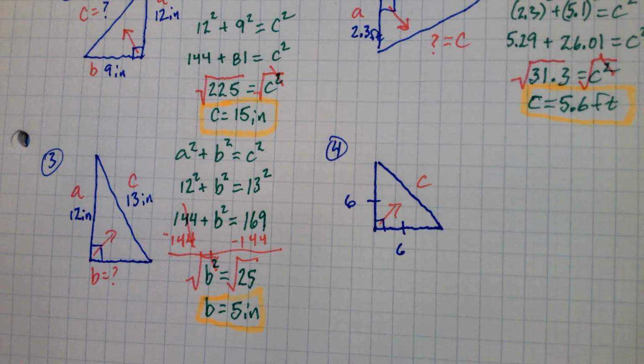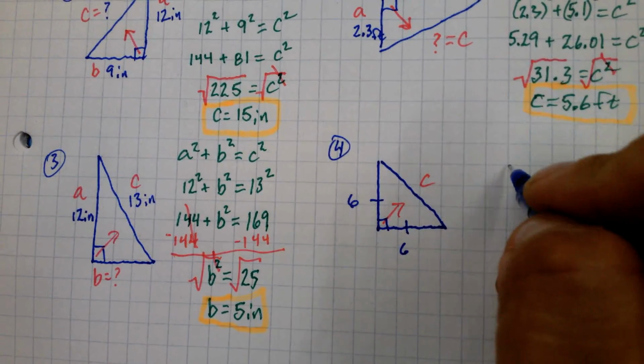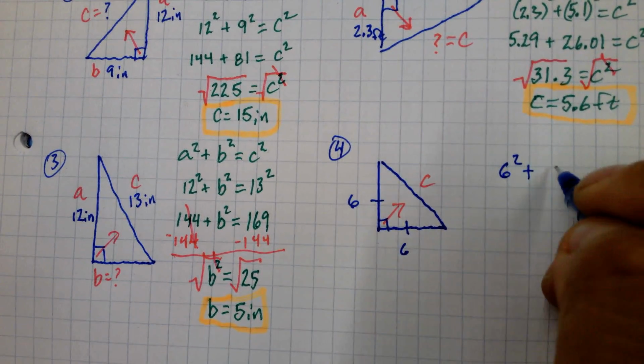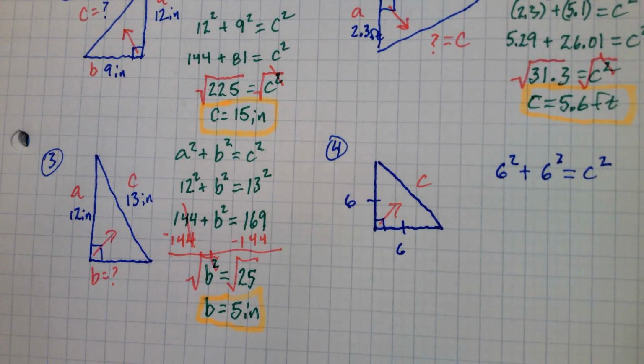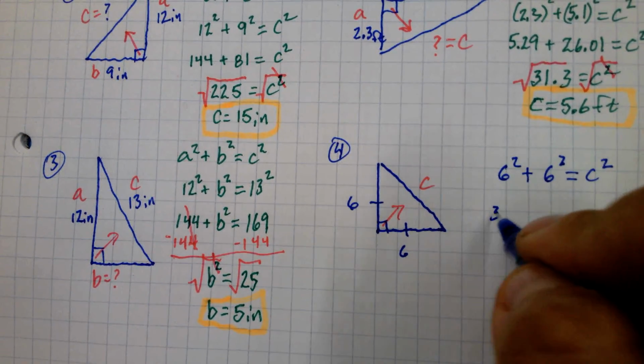Okay. So back to A squared plus B squared equals C squared, which in this case is 6 squared plus 6 squared equals C squared. So it's 36 plus 36. 72.